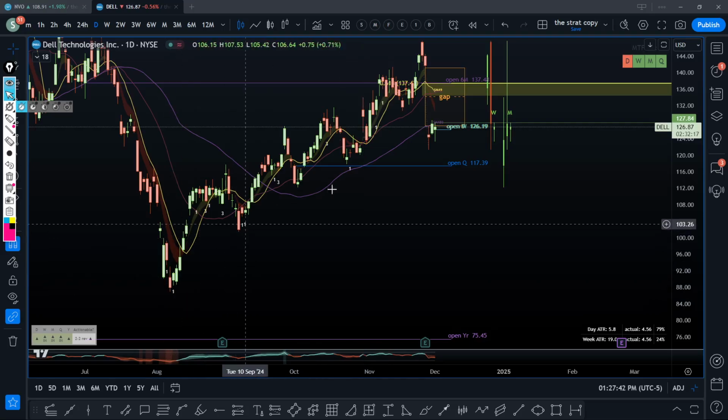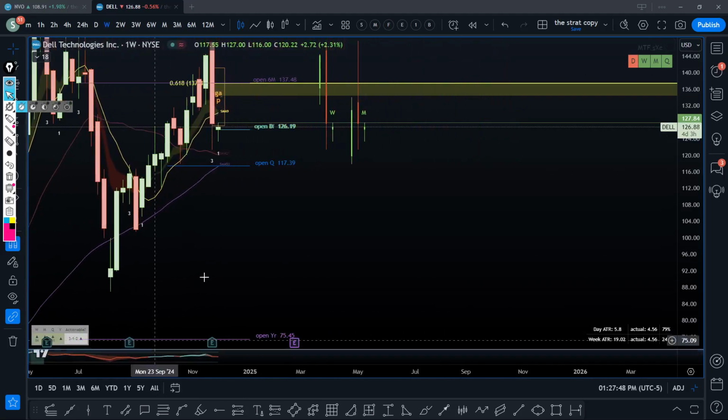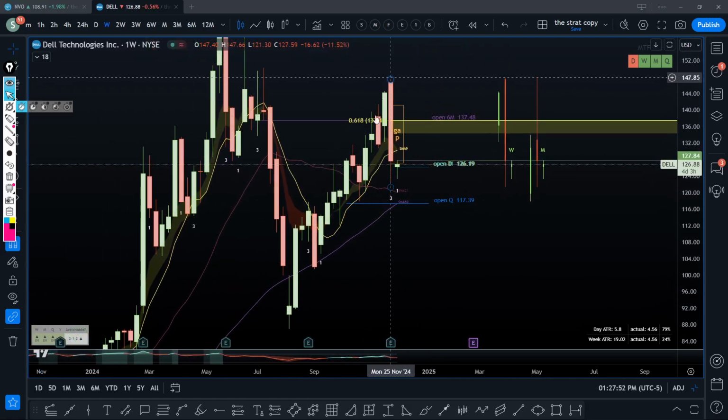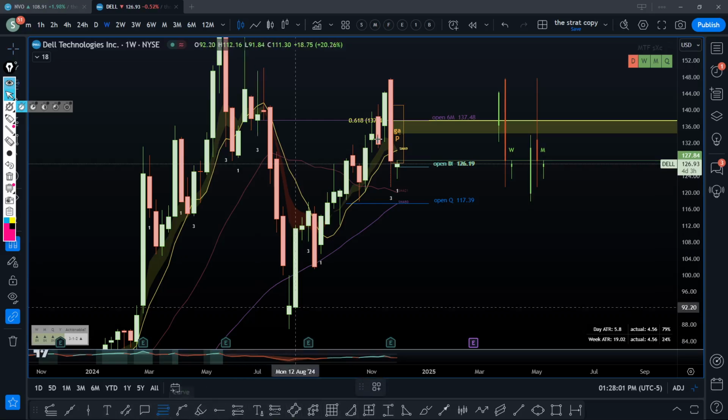We do have consistently higher lows over the longer term, and it just retraced back down. If we look at this swing high to this swing low on the weekly time frame, we could potentially find an area of significance.